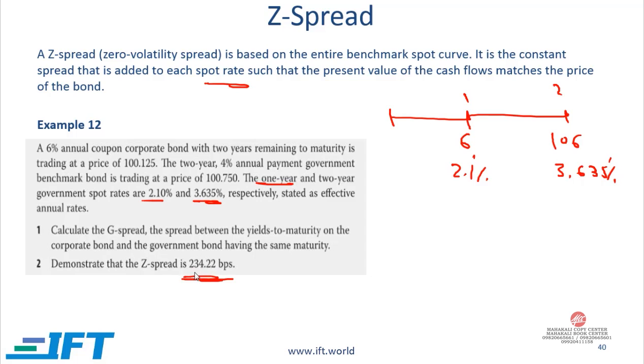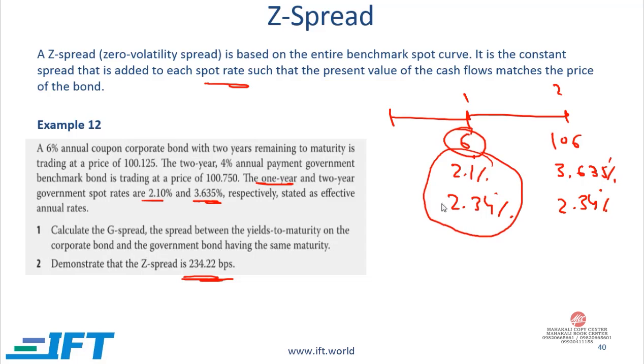You are told that this is the Z spread, 234.22. In percent terms, what is this? In percent terms, this is 2.34%. What you will notice is, if you take the first payment of 6, discount at this rate, 2.1 plus 2.34, and then you take 106 and discount at this rate, 3.635 plus 2.34.